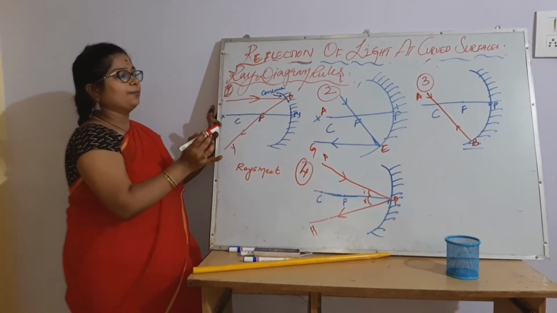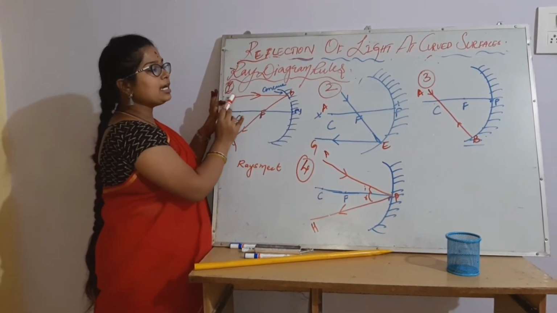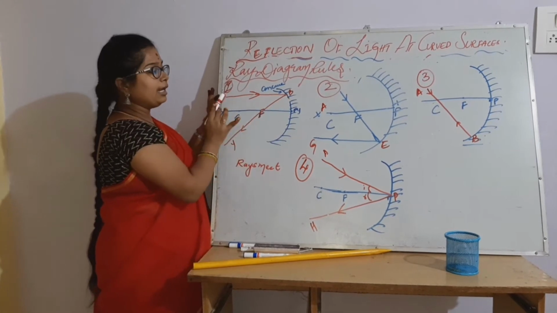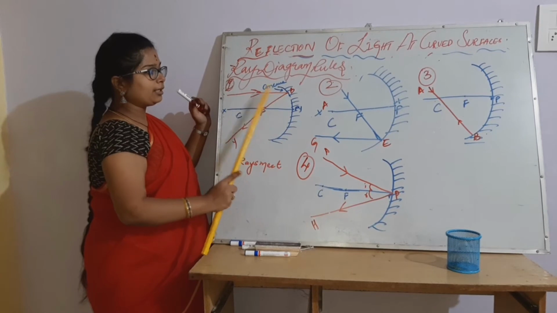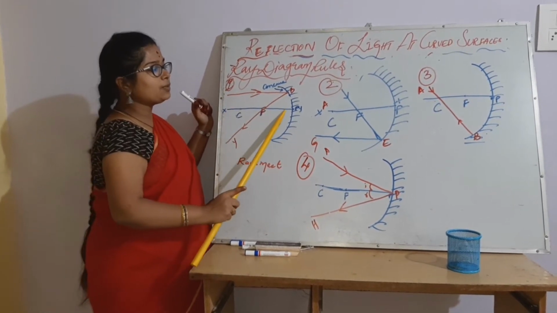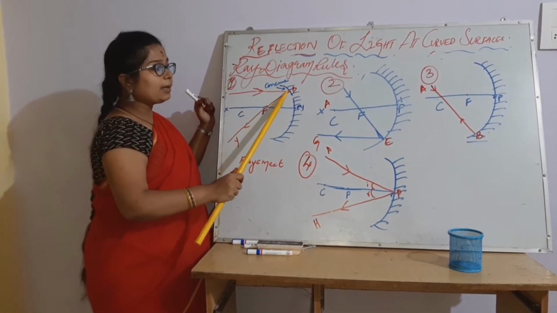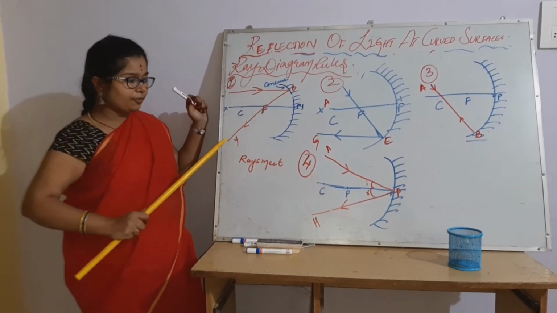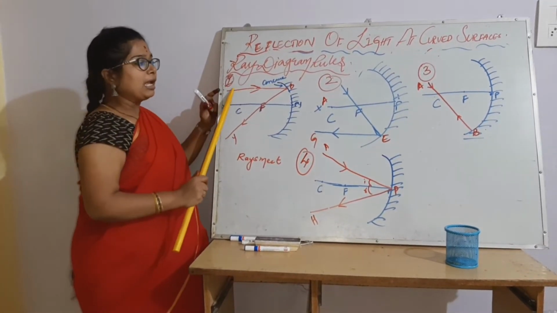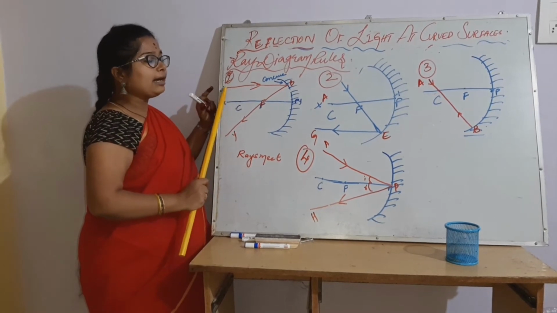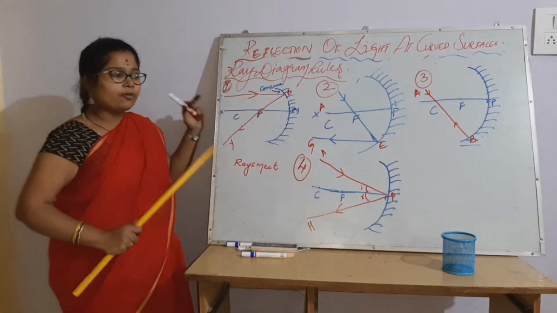The first rule is, when a ray is incident on the mirror parallel to the principal axis, it passes through the focus. This is the first rule. If the rays are traveling parallel to the principal axis, they pass through the focus.